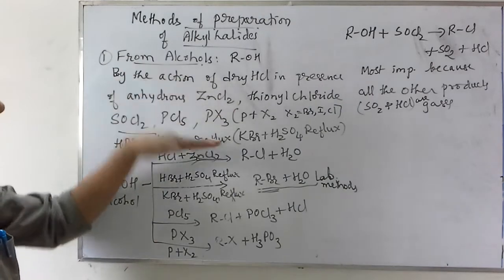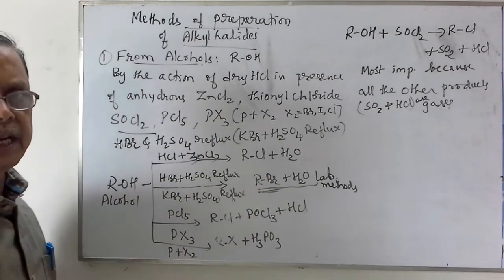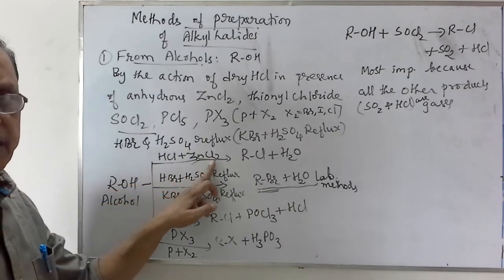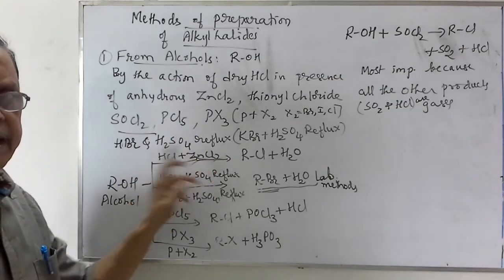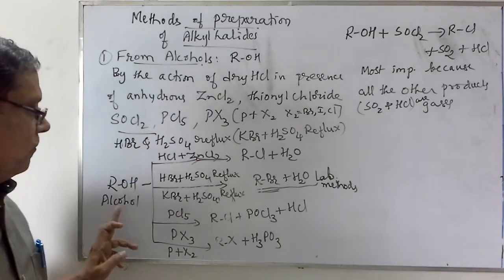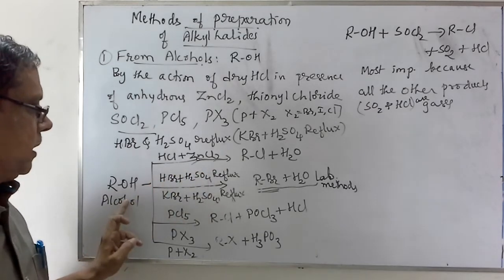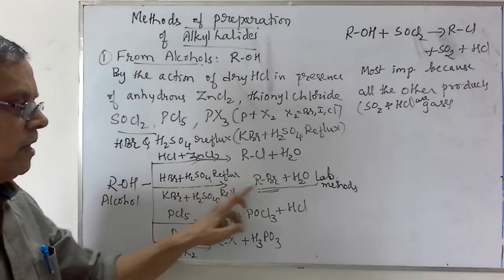In this method again there are different ways of converting the alcohol into the corresponding halogen compound. Dry HCl in presence of anhydrous zinc chloride. This zinc chloride will be necessary for primary and secondary alcohols. For a tertiary alcohol, no need. Second method, potassium bromide, sulfuric acid and reflux, or HBr, H2SO4 and reflux.